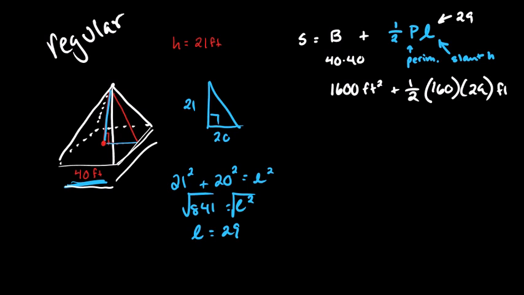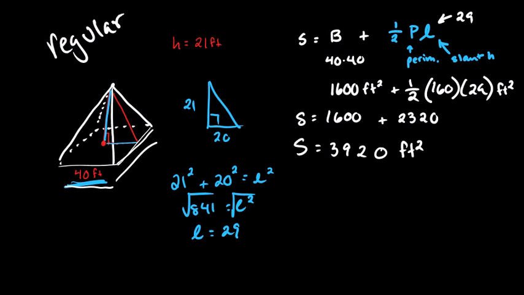And that will end up feet squared as well. So then the total surface area should end up 1,600 plus 2,320 for a grand total of 3,920 feet squared. Since it is still an area, it is feet squared.